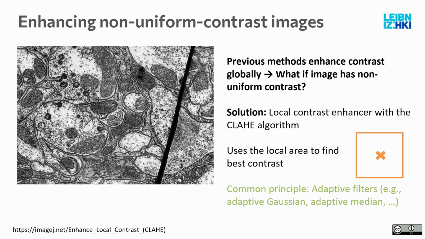CLAHE means contrast limited adaptive histogram equalization. The idea behind CLAHE is that it applies a local area to find the local contrast, but then adds some additional calculations that prevent it from making parts of the image super high contrast that shouldn't be.